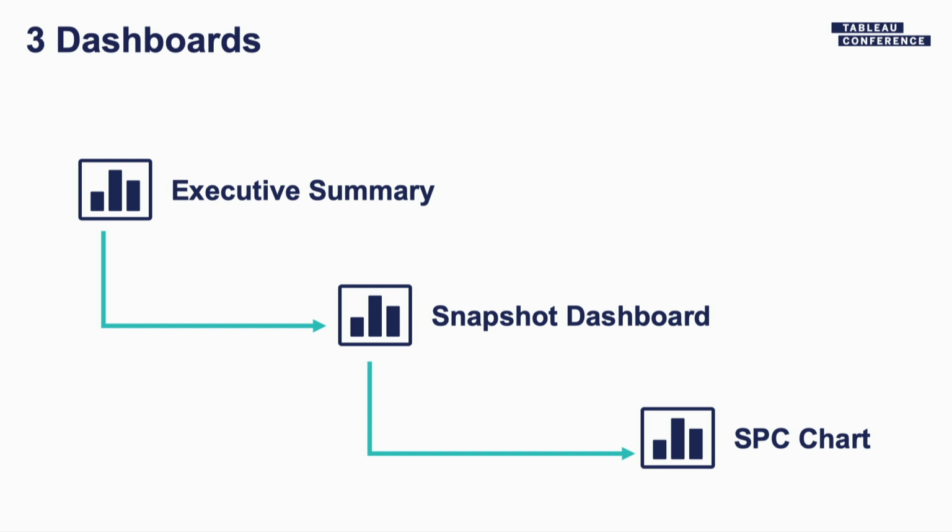And then we have a snapshot dashboard that really gives you all the different providers and all of the different KPIs and their status. And if the user wants to drill down, there is that SPC chart. But instead of the SPC chart being the main component, it really just drives the other dashboards. But it's not something we want to direct the user to from the start. It's only if it's really necessary.